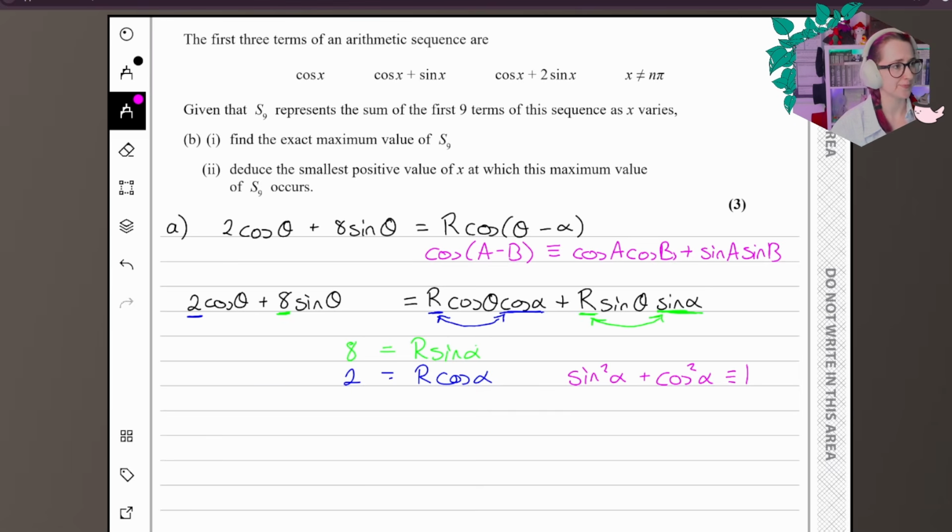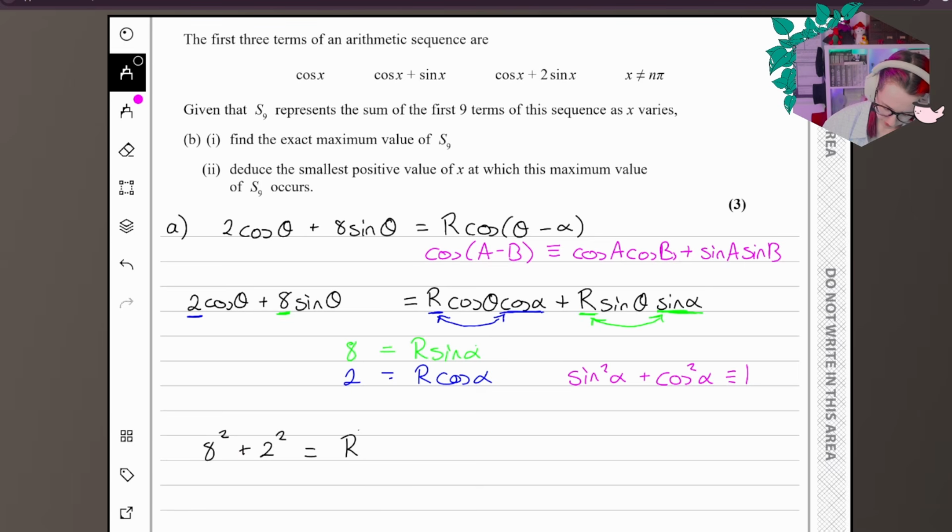Which is quite useful. So if we square both of these and then add them, we get 8 squared plus 2 squared equals r squared sine squared alpha plus r squared cos squared alpha.